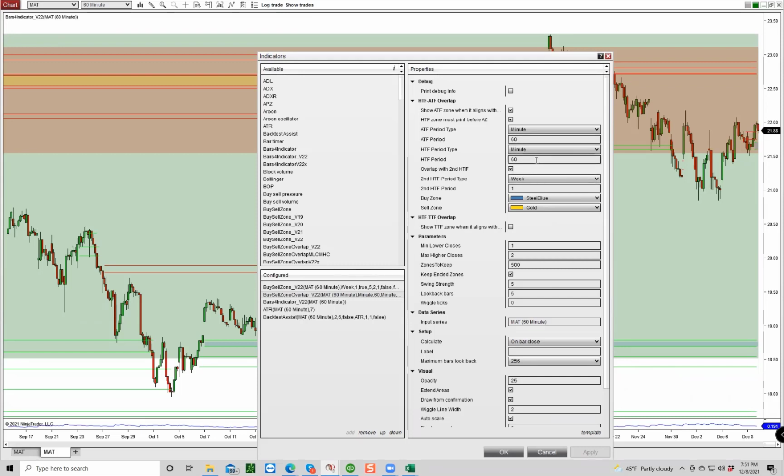I want my auction zone to overlap with my market structure on the 60-minute. That's what this does. So it's requiring market structure on the 60-minute to line up with a 60-minute auction zone. Then, in addition, it needs to be with the weekly. That's what I've got on here.